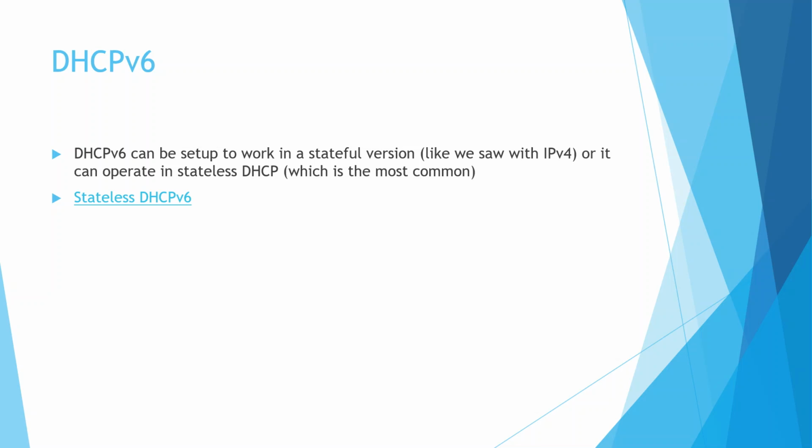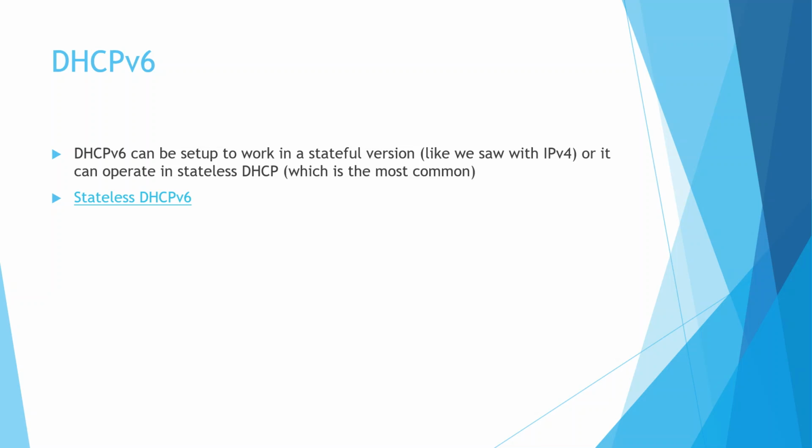For instance, IPv6 can come up with its own IP address through stateless auto configuration, and it can also come up with its own router or default gateway through router solicitations, and it can come up with a lot of other information all by itself. So there's not really a good reason to have a full stateful version of DHCP v6.